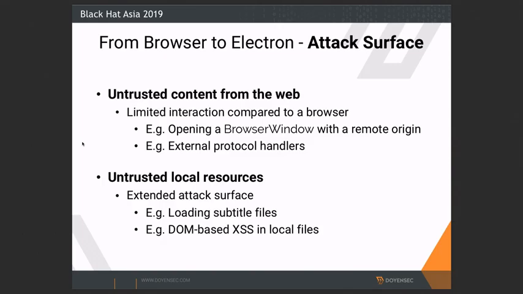And particularly, let's talk about two orthogonal aspects, one being attack surface. So how do we compare a browser to Electron in that matter? If we think about untrusted content from the web, well, that's why we have a browser. A browser gives the ability to browse to random websites, which is usually not possible in an Electron application, unless you're building a browser in Electron, which is highly discouraged.